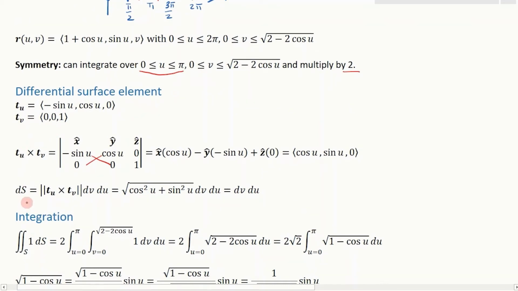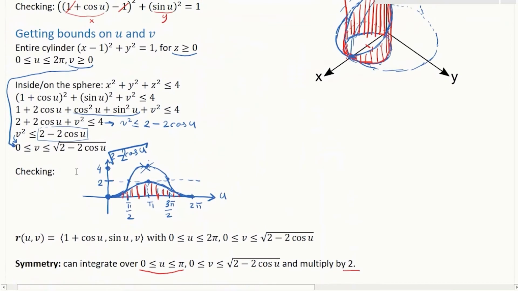The differential surface element is equal to the magnitude of Tu cross Tv times dv du. The reason I'm using this is that it is a scalar differential surface element. It corresponds to the area of a patch over which we're integrating. And the reason we're interested in this scalar quantity is because this is a scalar integral.